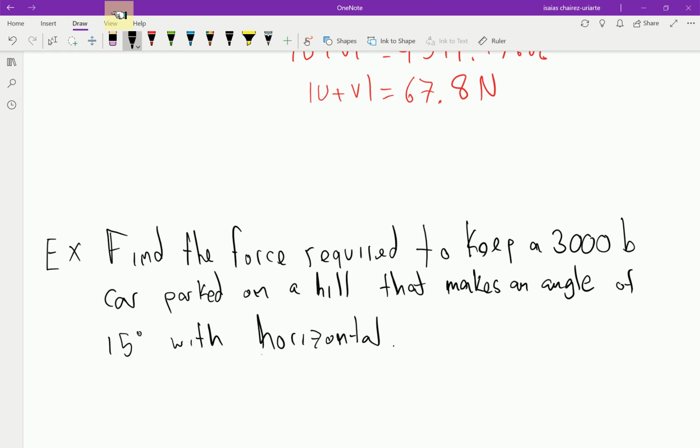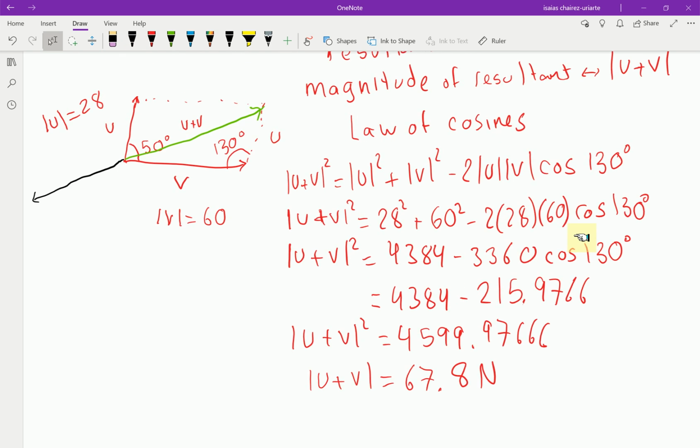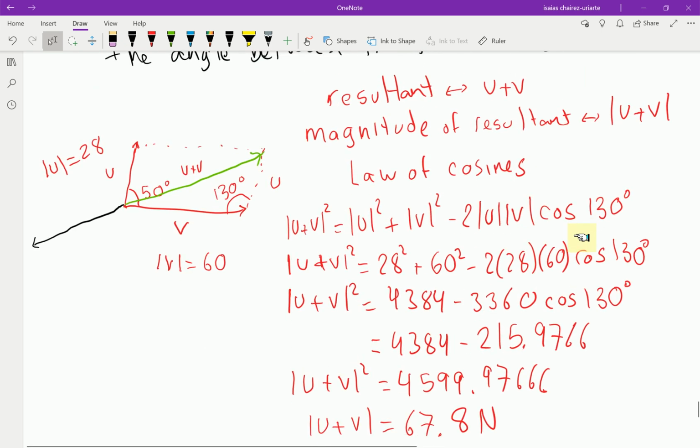All right, so let's think about what we've done here. We had two forces acting on a point A. Our point A is right there. We had the force U and a force V. The magnitude of U was 28.